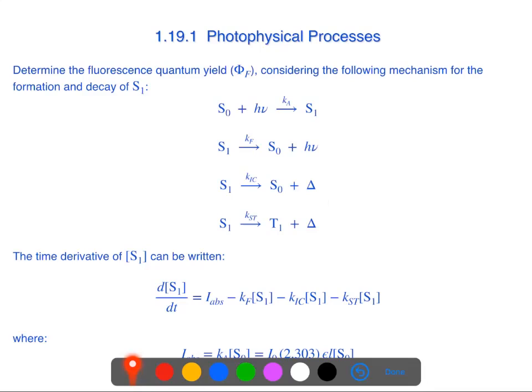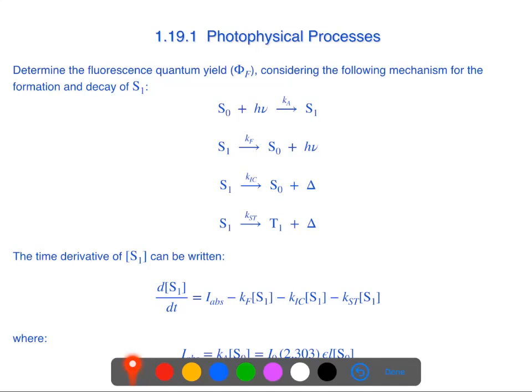So the time derivative for the concentration of S1 can be written in the following way, where dS1/dt is equal to I_abs, which represents the absorption process from the ground state to the first excited state, and three terms representing each of the deactivation pathways from the S1 back down to the ground state or to a low-lying triplet state.